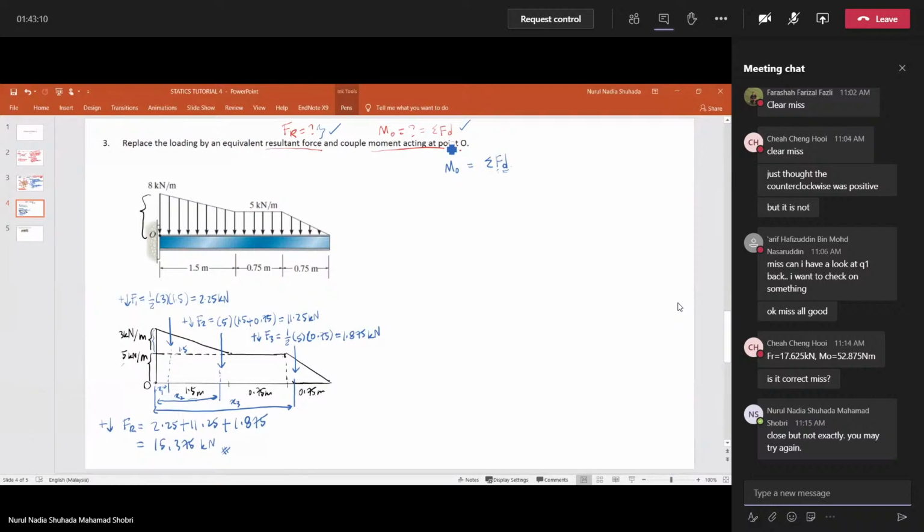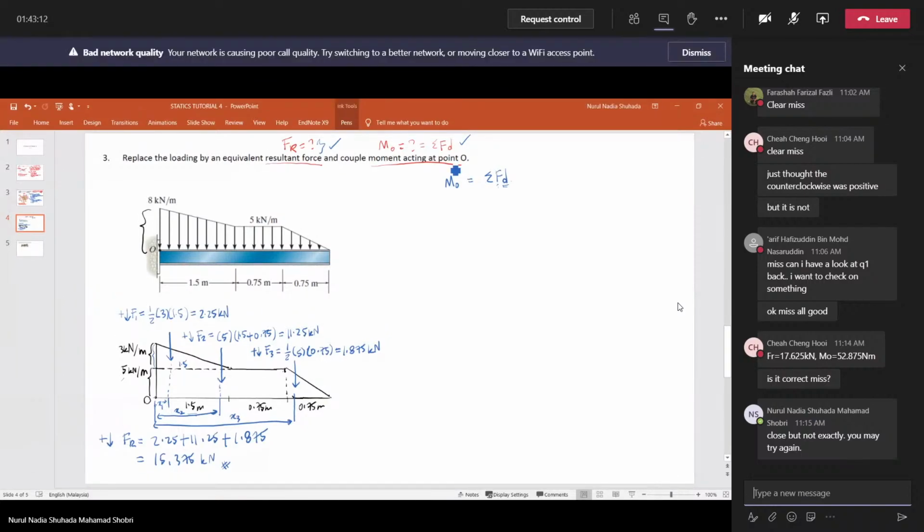Because it's at point O, the distance should be measured from the point O to the forces.